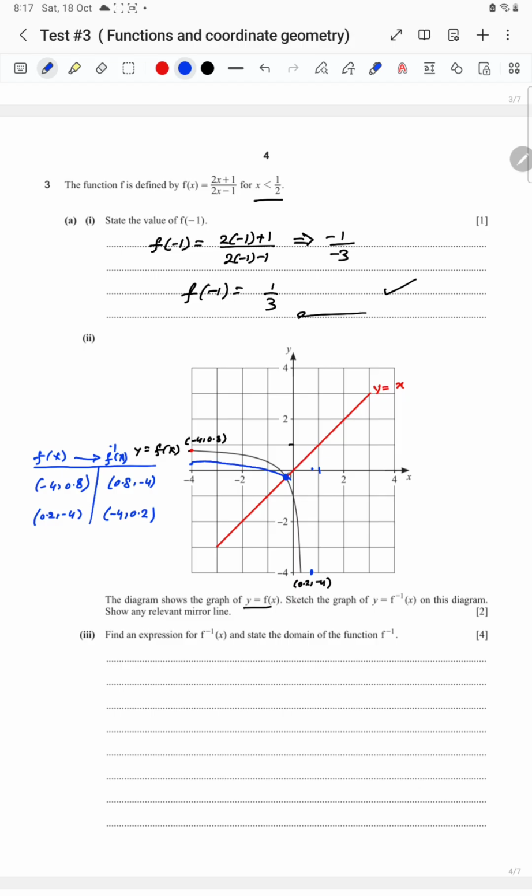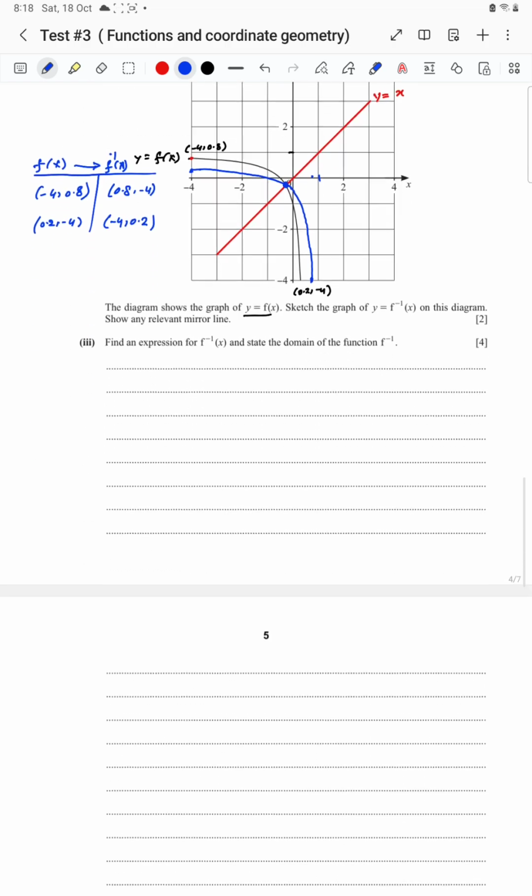So the graph will be like this. This will be the quick graph of the given function from f of x to f inverse of x. 2 marks. Mirror line already we have drawn, so I hope it is very much clear.